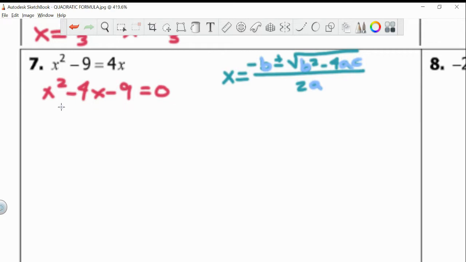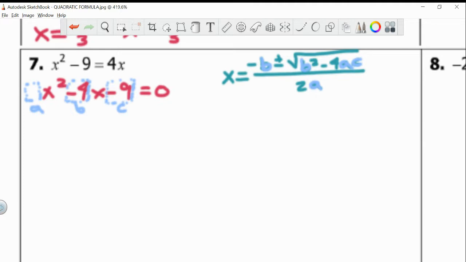On the front side of your paper, you can tell, but basically A, B, and C are going to be the numbers in front of the x squared, the x, and the no x, okay? Now that means getting these things in order is extremely important.